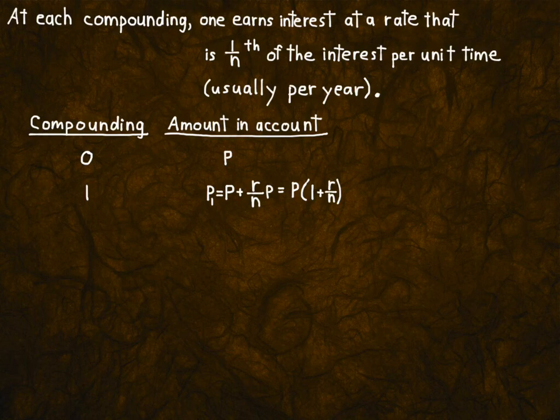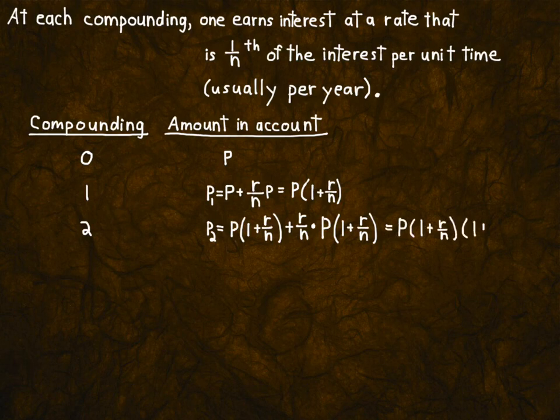Okay, so you'll see if I compound a second time, I just take the principal P times 1 plus R over N as my new principal. So I take my new principal and I add R over N times my new principal. And if you factor that, you just get that you multiply it by 1 plus R over N twice.